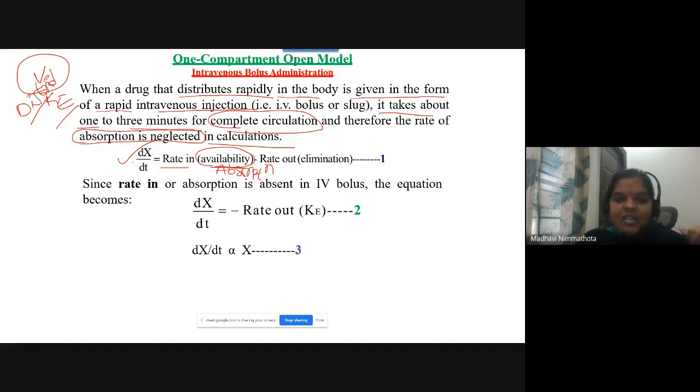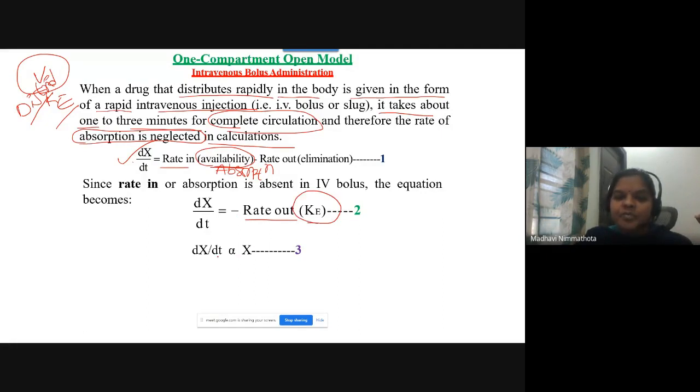Since rate in or absorption is absent in IV bolus, the equation becomes, so what is the next equation? dx by dt is equal to only rate out, that is minus rate out. Rate out is nothing but Ke, the rate constant of your elimination.